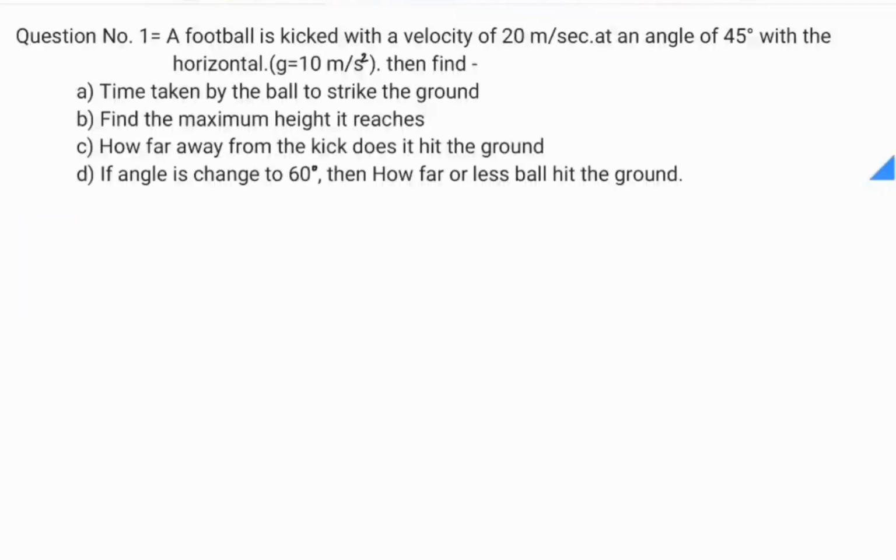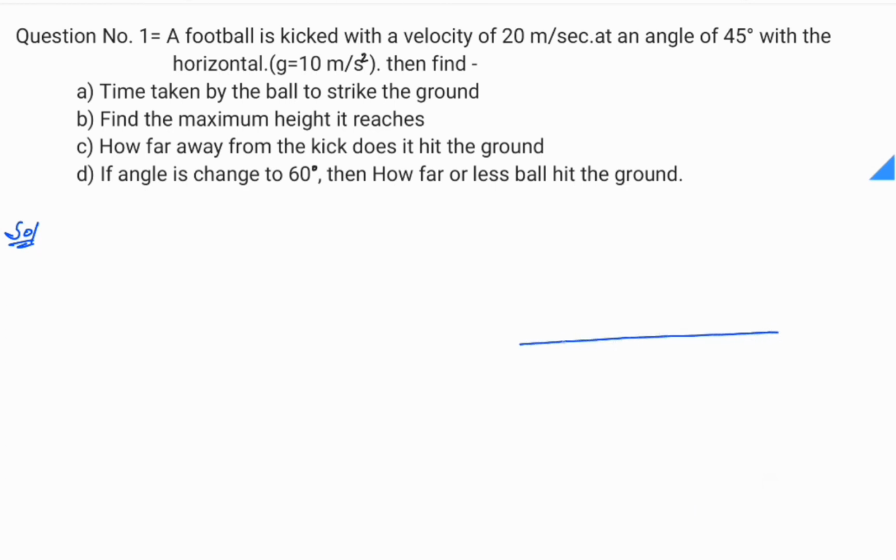Now let us see question number 1. What does it state? A football is kicked with a velocity of 20 meters per second at an angle of 45 degrees with the horizontal. Now draw the diagram first.